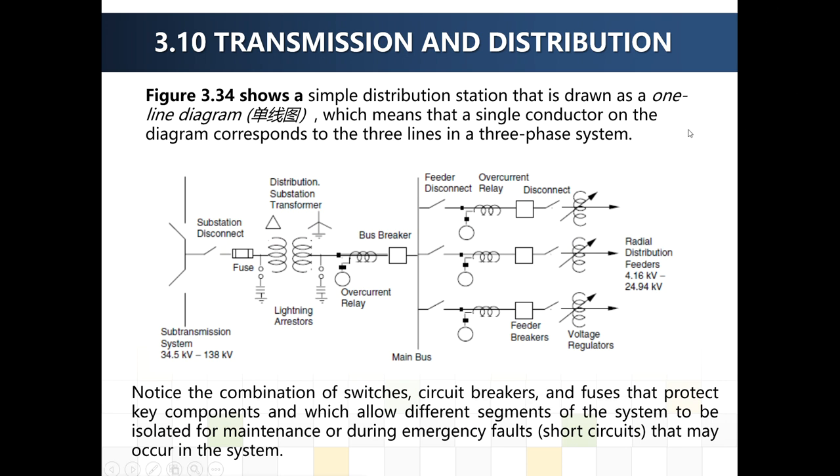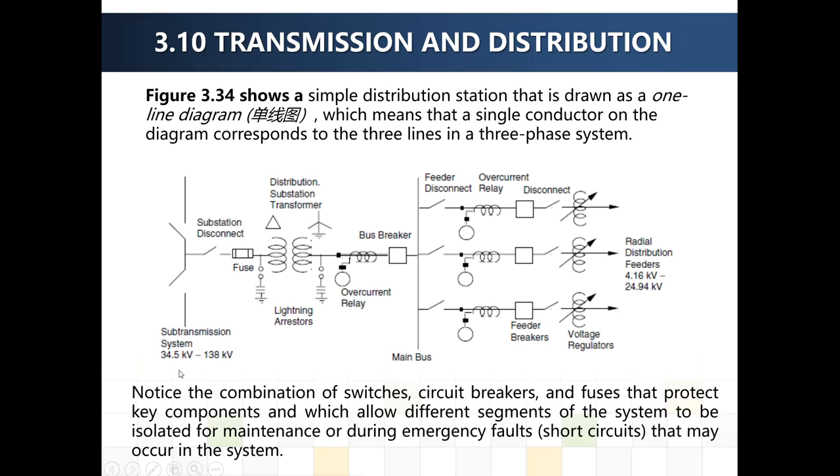Figure 3.34 shows a simple distribution substation using a one-line diagram. The one-line diagram uses a single conductor on the diagram to correspond to the three lines in a three-phase system.